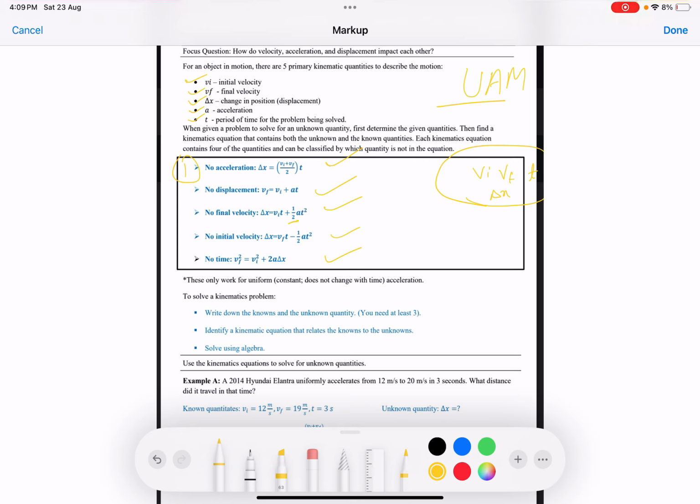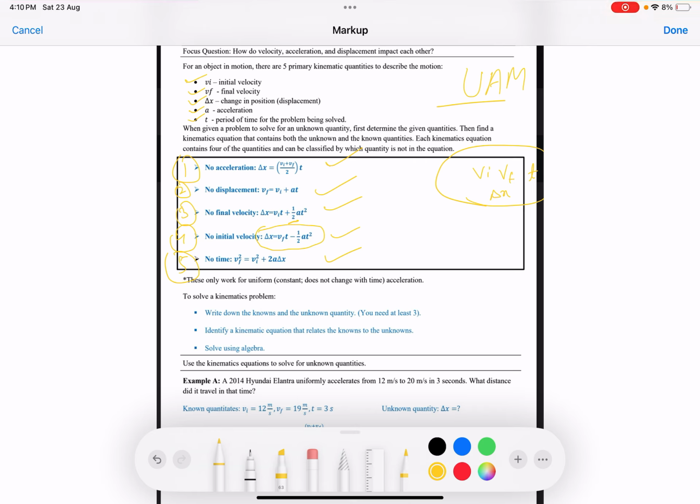Let's suppose you have final velocity, time of flight, and acceleration, and you need to find displacement. Which of the kinematic equations, 1, 2, 3, 4, and 5, will you apply? Then you will apply the fourth one, right? This is how we think.